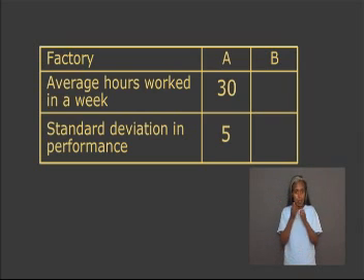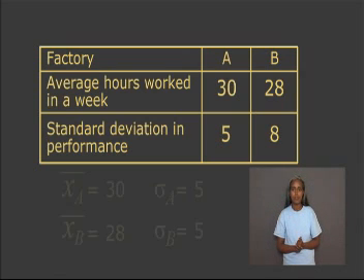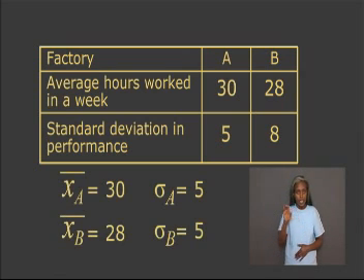Employees in Factory B worked an average of 28 hours per week. The standard deviation of their performance was 8. By finding their coefficients of variation, we can determine which workers were more consistent in their performance.